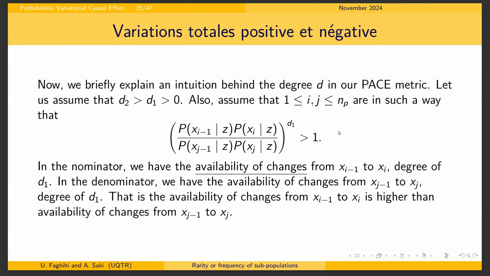For some of you who are more on the statistics side, I think this is going to be helpful. Why did we select D as the power? Let's consider D2 and D1. D2 is greater than D1, and they are both greater than 0.